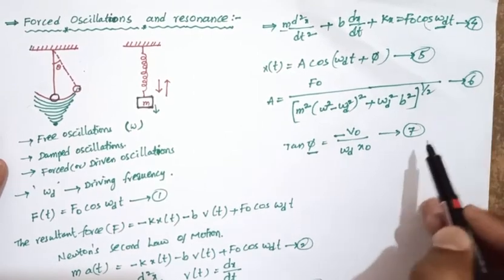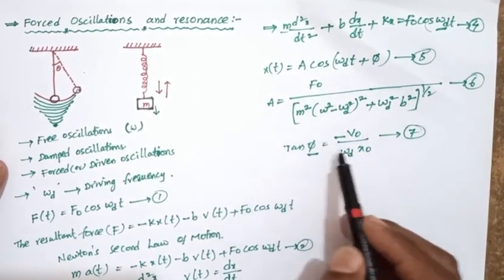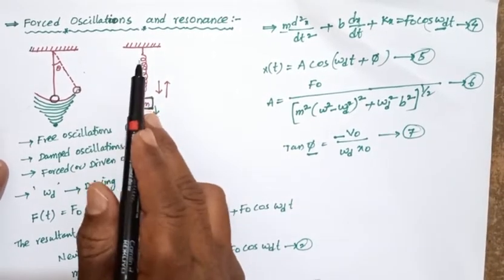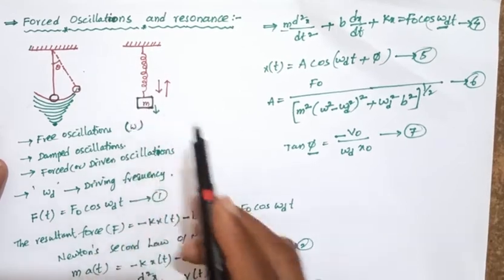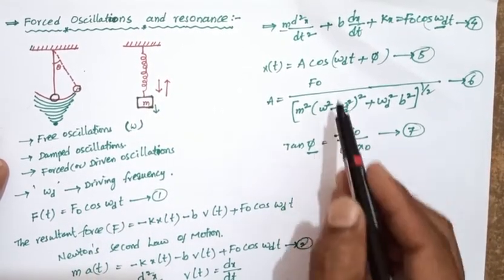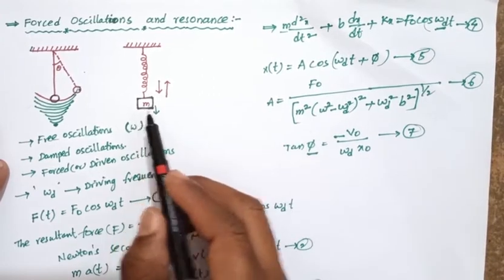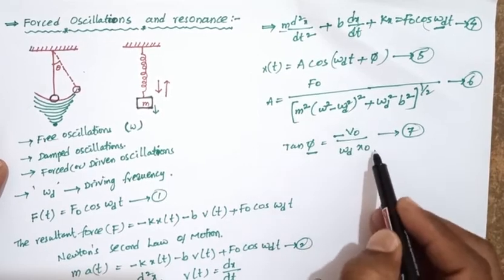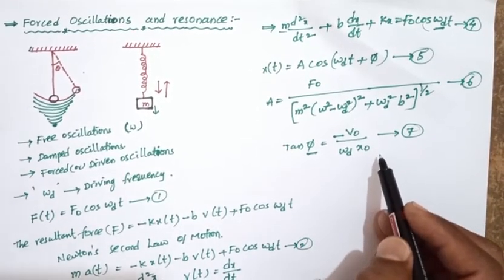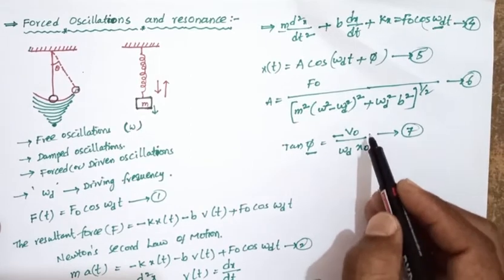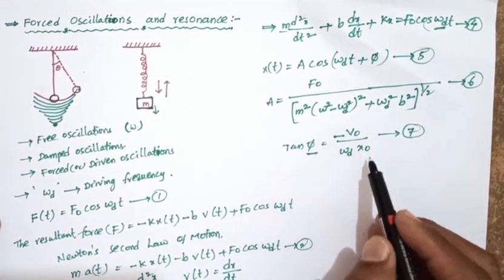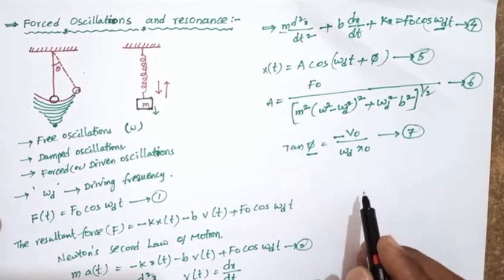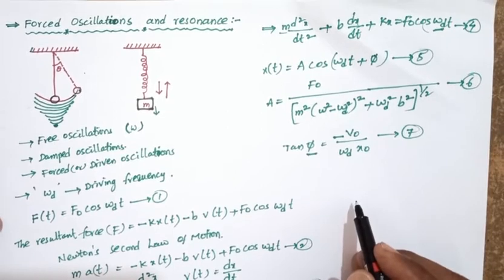So equation number 6 and equation number 7 denote the amplitude and the phase angle of these forced or driven oscillations. Here m is the mass of the block, and v naught and x naught are the velocity of the particle and displacement of the particle at time t equals 0.